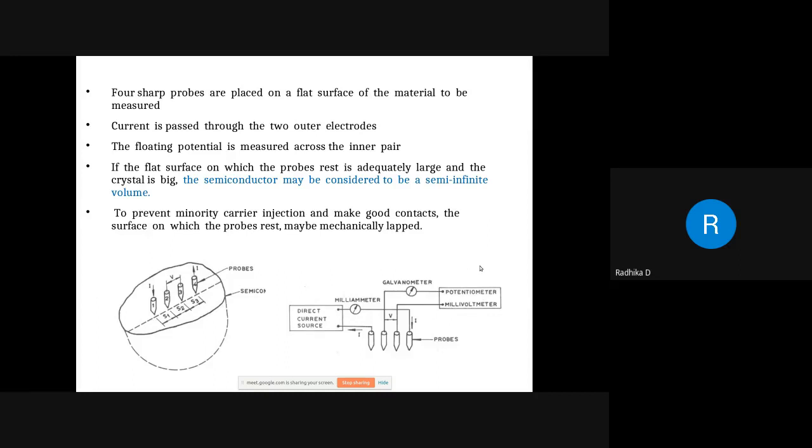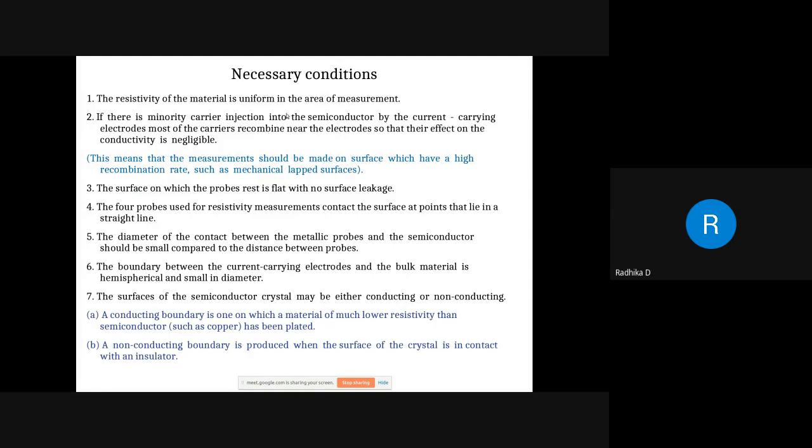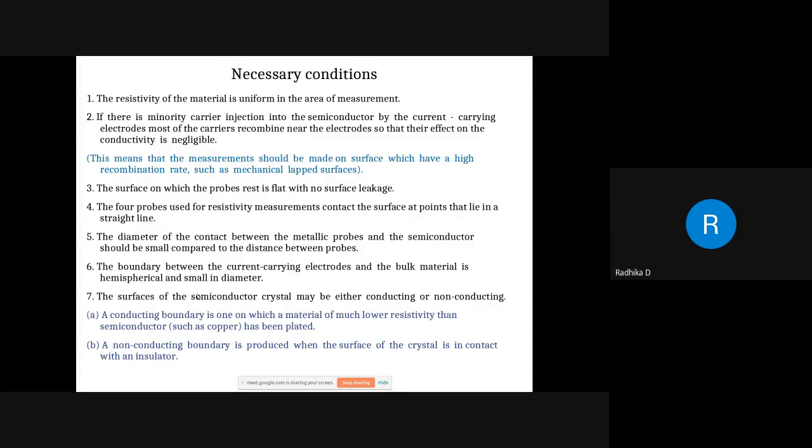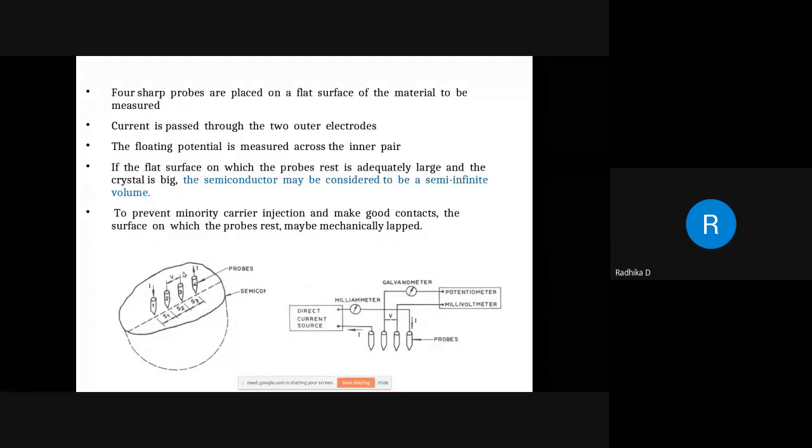Now, a few important points to notice in the case of a four probe measurement. Because of the way you have done this, taking a surface and keeping the distance between the probes constant, the resistivity will be uniform wherever I am measuring at a particular temperature. Suppose I take room temperature, the resistivity of this entire semiconductor sample will be constant throughout.